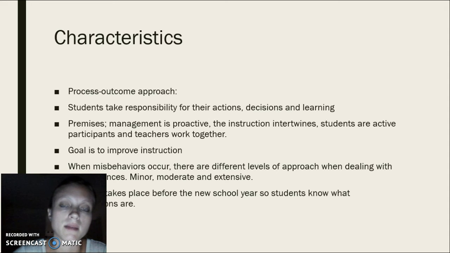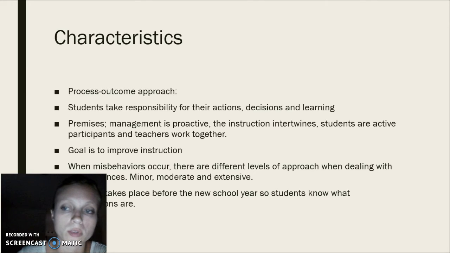They believe that misbehaviors will occur, and each misbehavior has a level to it. They're minor, moderate, and extensive. A minor misbehavior could just be talking out or something simple like that, tapping their pencil on their desk, and the teacher will just tell them to stop whatever they are doing.